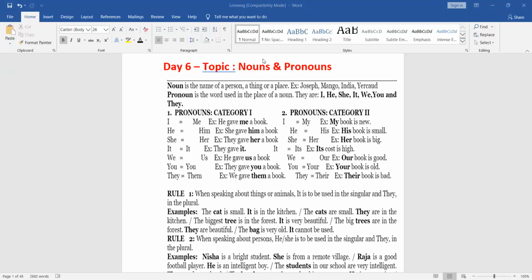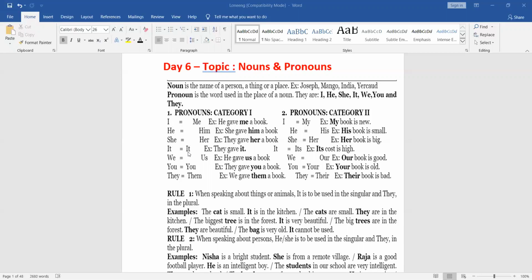Now, there are two categories when it comes to pronouns, and there's category number 1, which, as I told you, is for the subjects. They are replaced by me. So whenever there's an I, it's replaced by me. When there's a he, it's replaced by him. When there's a she, it's replaced by her. When there is an it, it's replaced by it again.